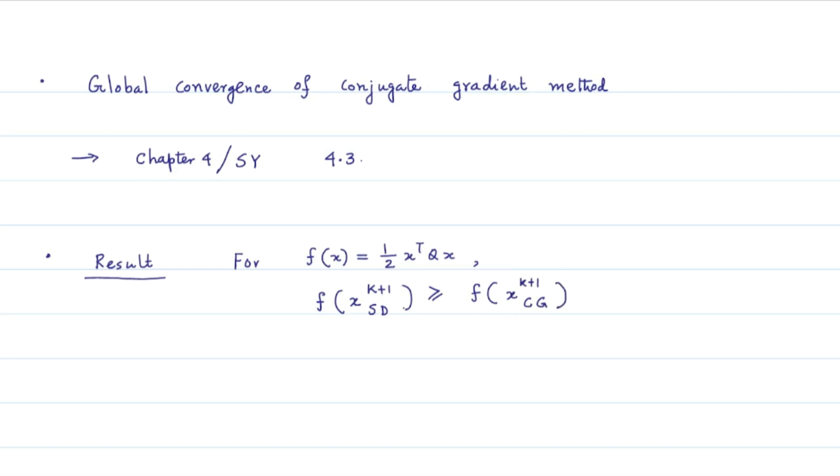Here we are considering the exact step size in both the steepest descent and the conjugate gradient method. If you compute the steepest descent iterates and the conjugate gradient iterates, you will find that the function value at the (k+1)th iterate in the conjugate gradient method is less than or equal to that of the steepest descent method.